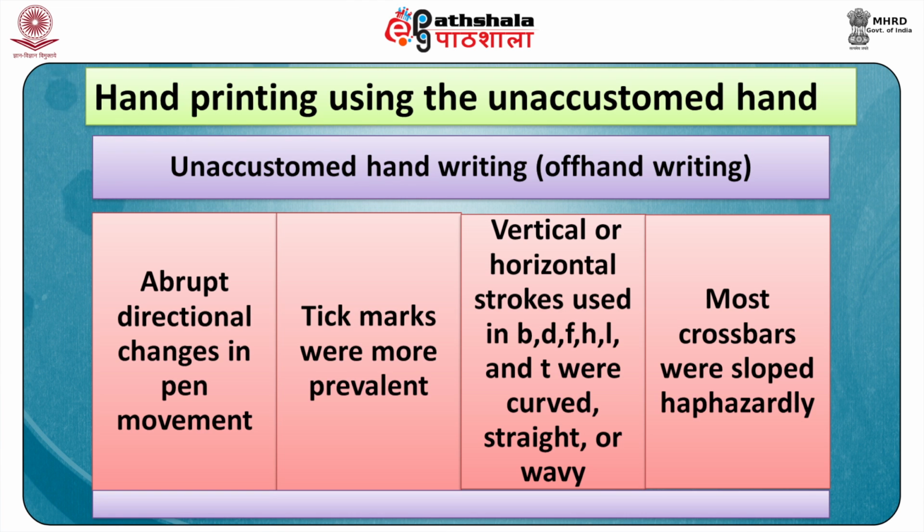Vertical or horizontal strokes used in the staffs and crossbars of letters like B, D, F, H, L, and T were curved, straight, or wavy, and most crossbars were sloped haphazardly. Even though the unaccustomed hand affects the pictorial appearance of the writing, the examiner may still be able to conduct a complete examination.